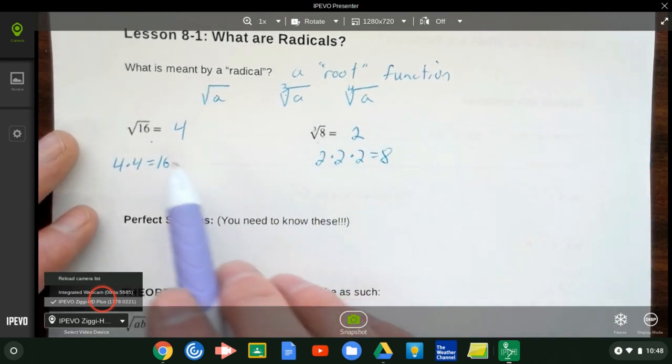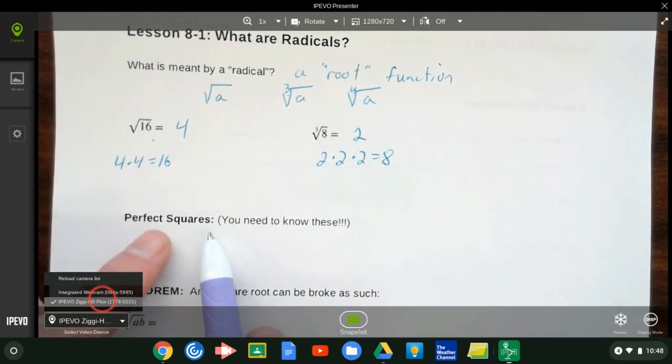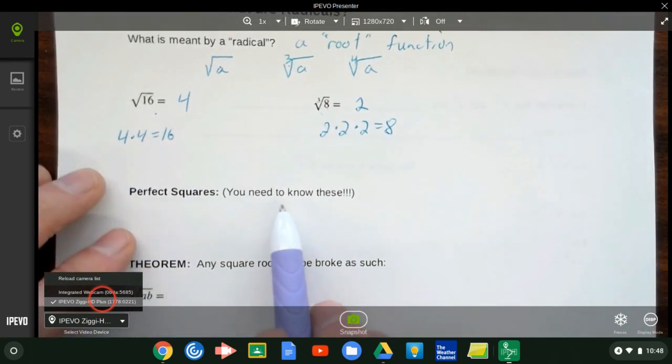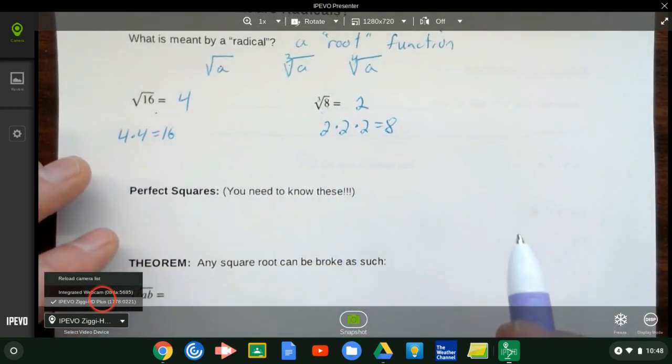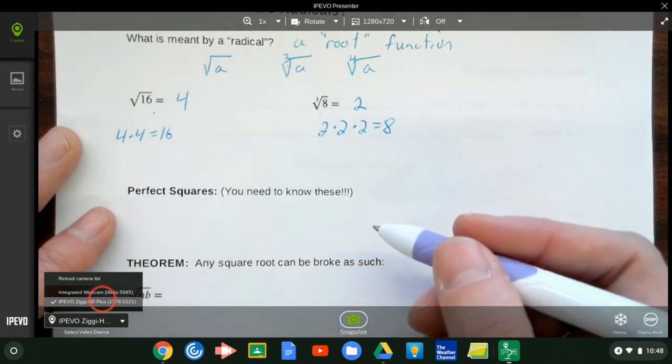We tend to focus more on the squares, though, especially perfect squares. These are important. You need to know these perfect squares. If you can't remember them, make a list of them.